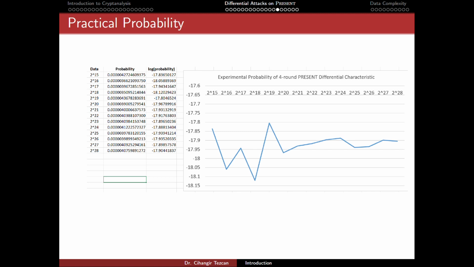Okay, so in order to conclude, if your n is large, like 2 to the 22 or something higher like here, and if you still cannot get the probability close to these numbers, then this means that you have an implementation error. It might be in your implementation of PRESENT, it might be in the use of random numbers.